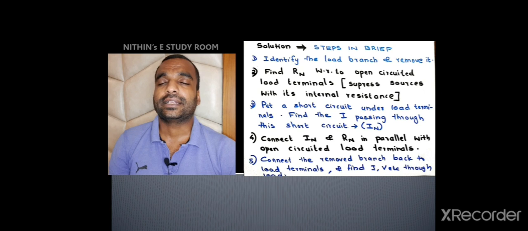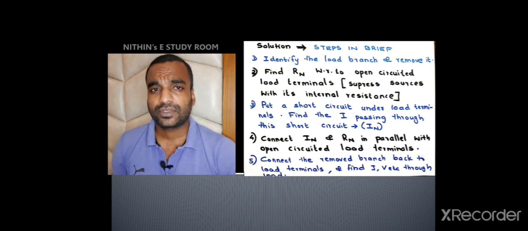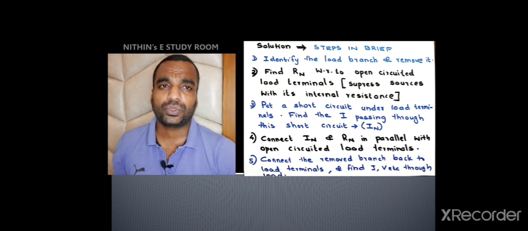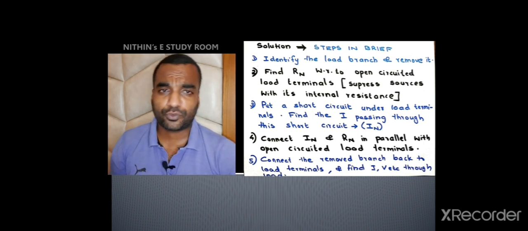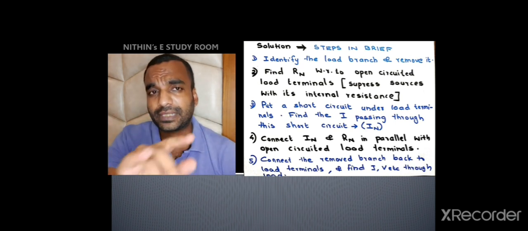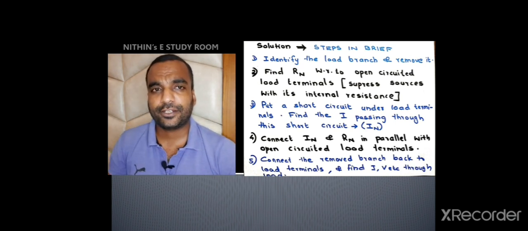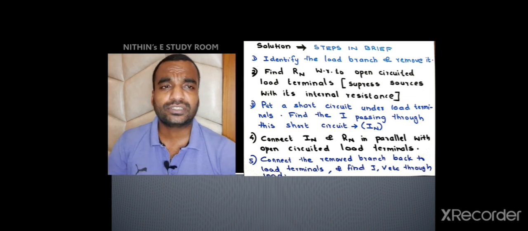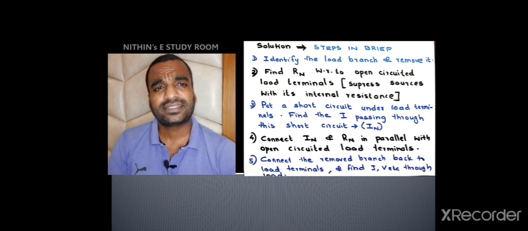You already understood which branch is the load branch and removed it from the circuit. Now you have to find Rn by looking back into the circuit from those open terminals, and you have to suppress all the sources, keeping their internal resistance. Next is the third step, finding In.